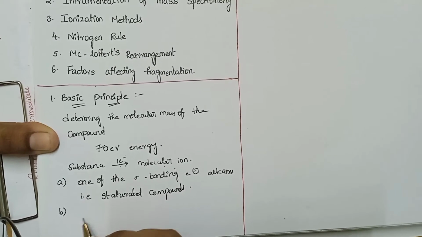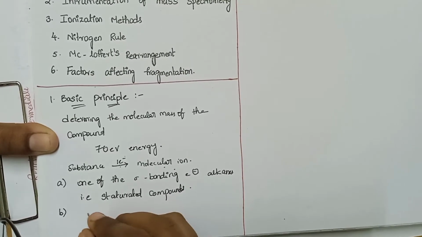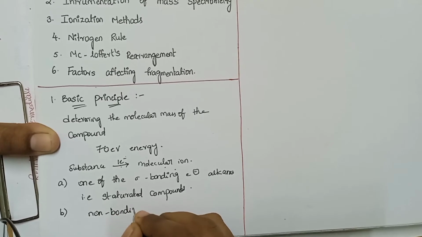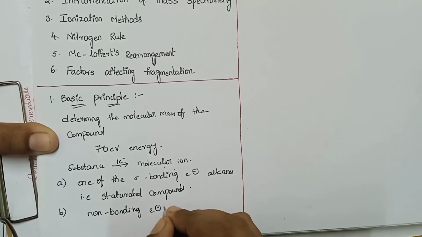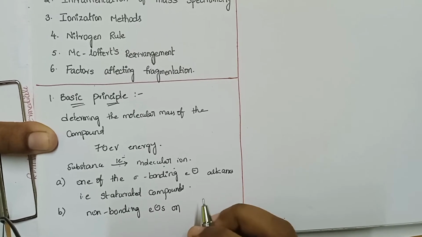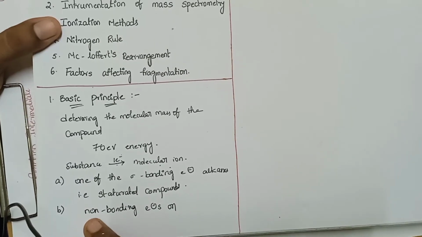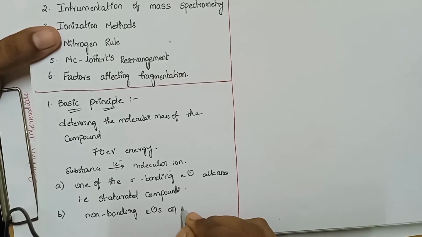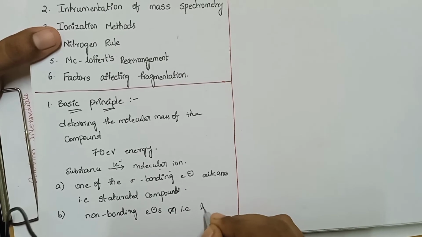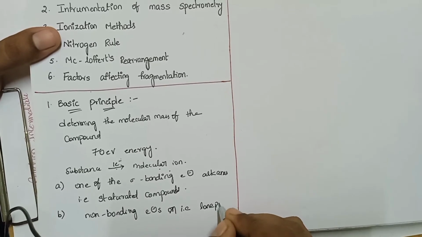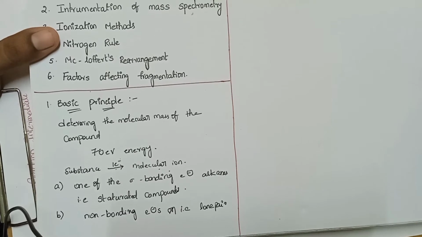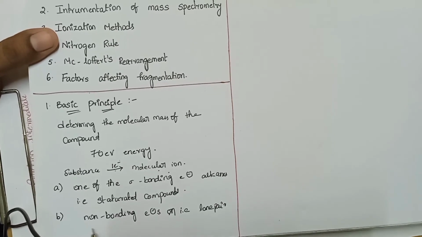And one of the non-bonding electrons, that is, lone pair electrons, in the compounds containing oxygen and nitrogen.